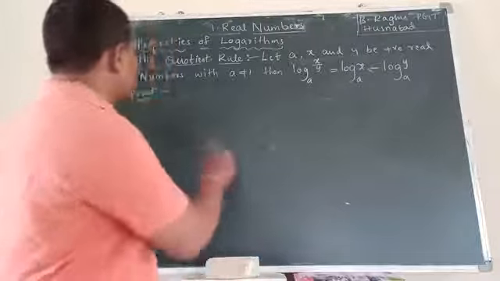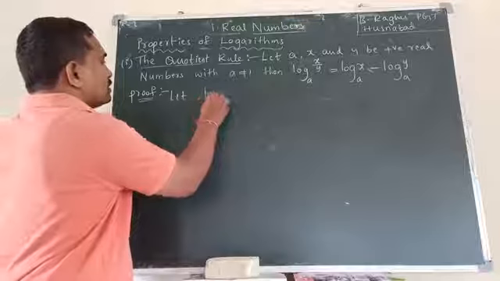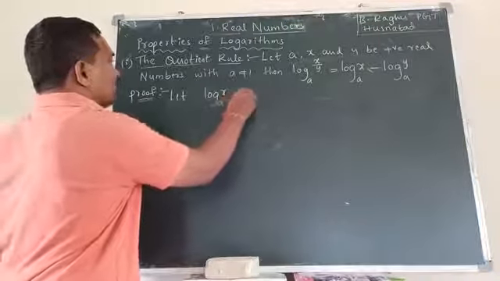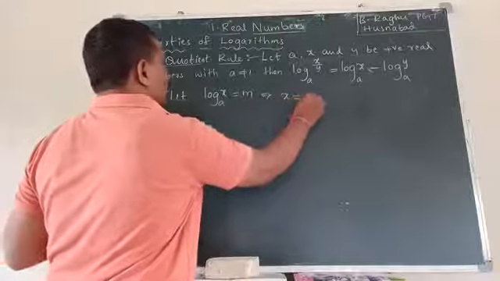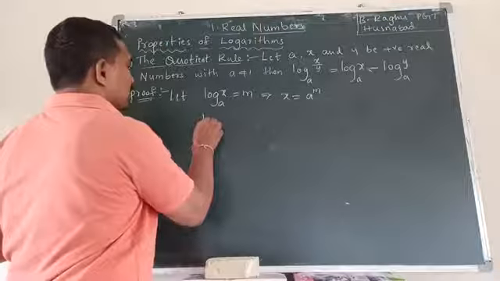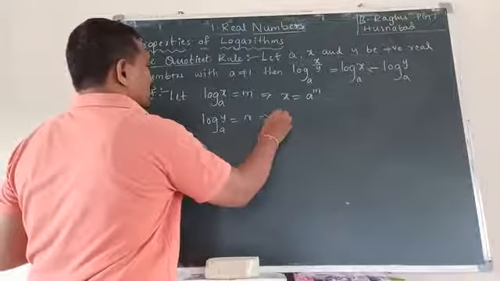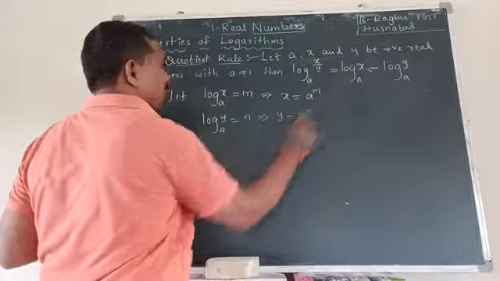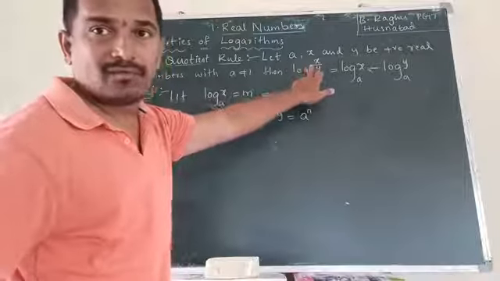As usual, let us assume that log x base a equals m, then x equals a power m. Next, log y base a equals n, then y equals a power n. What do we prove here? Log x by y.